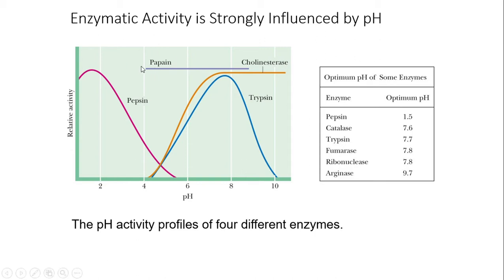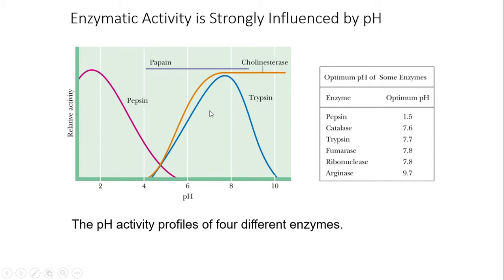Here are 2 others, papain and cholinesterase. Cholinesterase actually is pH sensitive below 7, but not between 7 and 10. So that's this curve here. And this one is relatively functional between 4 and a little less than 9.